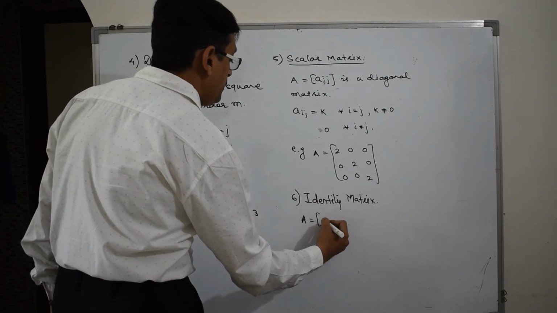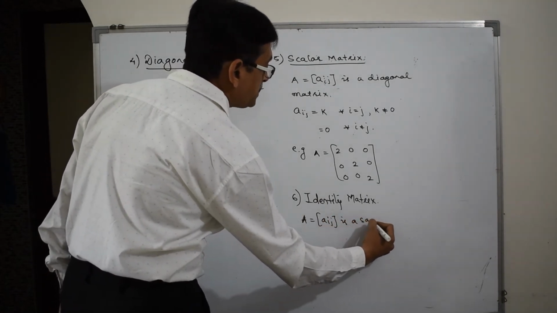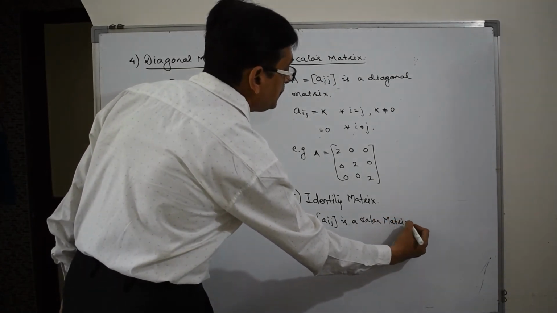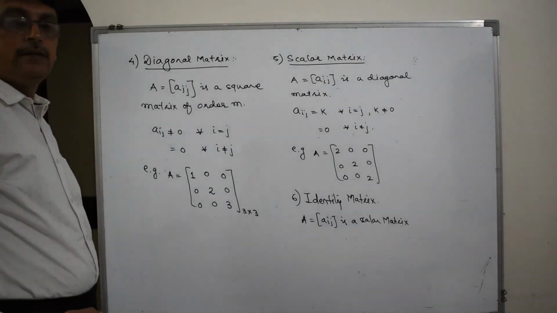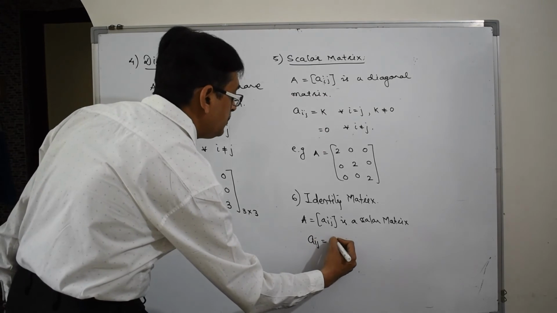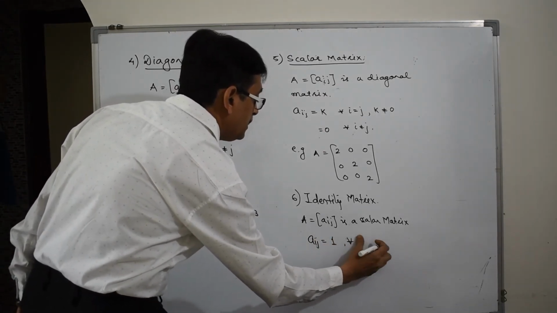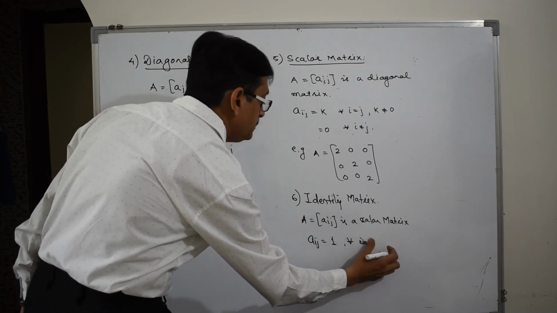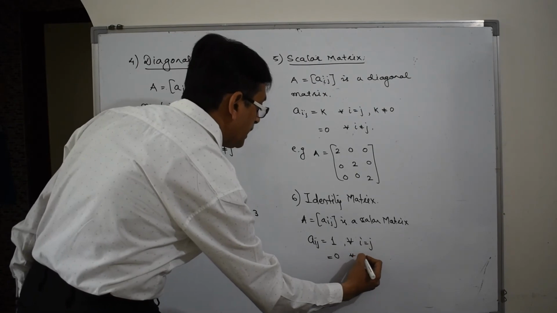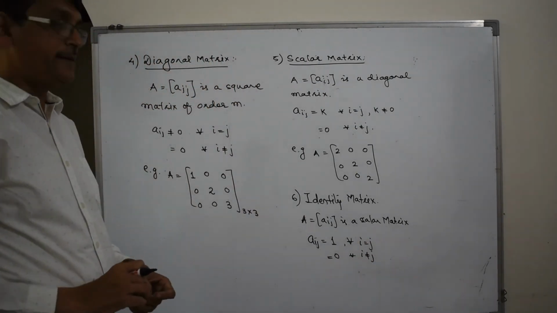So A equal to Aij is a scalar matrix now. Right? And consider Aij is equal to 1 for all i equal to j, and 0 for all i different from j. Then this matrix is called an identity matrix.